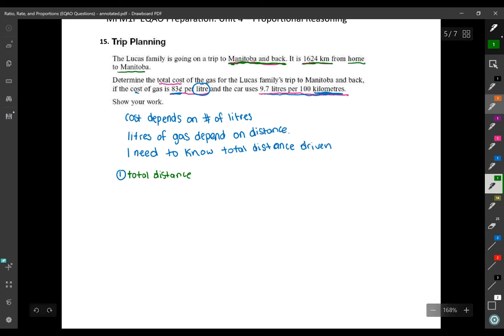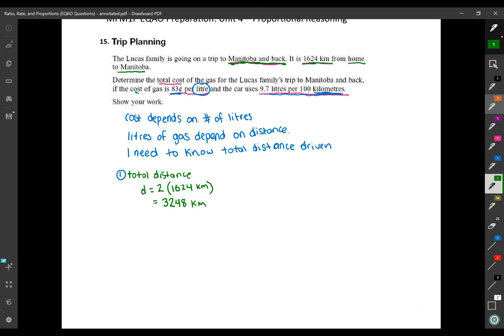So that means I also have to go from Manitoba back home. So my distance is going to be equal to twice that distance. So it's going to be equal to 2 times 1,624 kilometers. And that is a total of 3,248 kilometers.